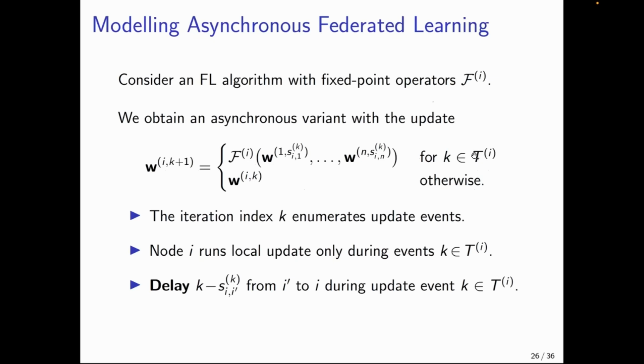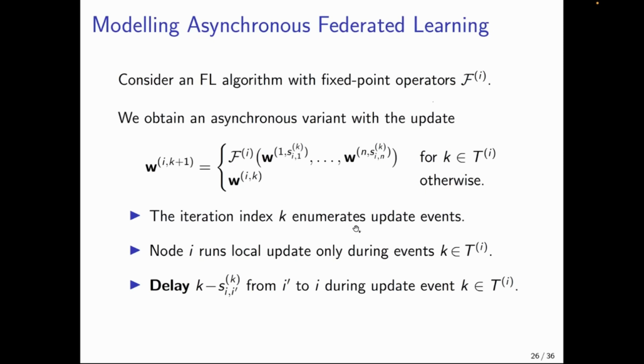In particular, these time steps t superscript i denote the active times when this node was active, when this node woke up or had battery again. Then it computes this update. Otherwise, we assume that it just keeps the local model parameters unchanged. So it just stores the model parameters until it is again able to do an update.